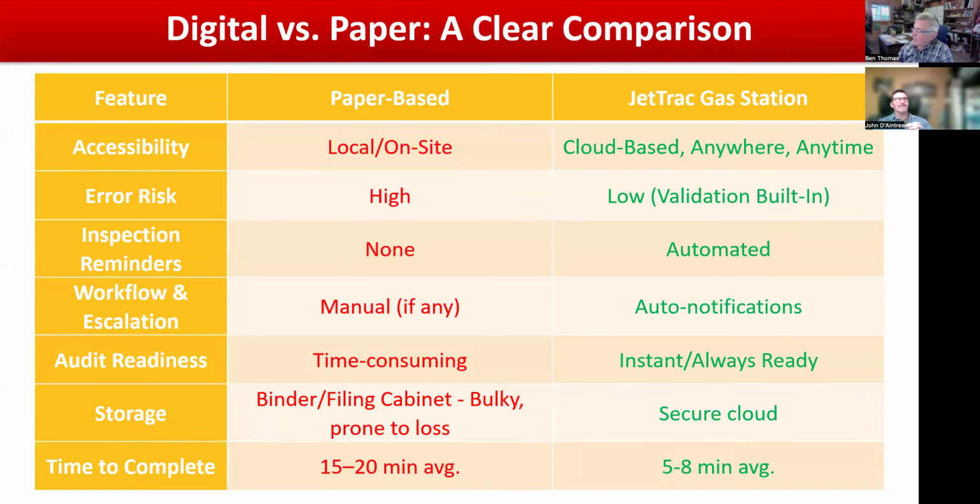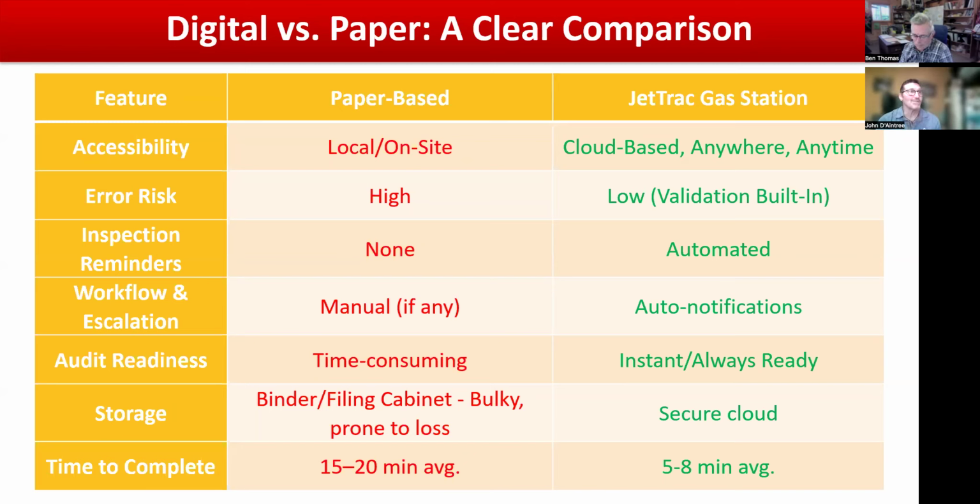The risk of errors with a paper solution, we spoke about this, handwriting, everybody writes a different description rather than having a drop down that does it, so the risk of errors and omissions is pretty high, whereas with a digital solution, it's relatively low because we can have validation fields and things like that to make sure that it's done.